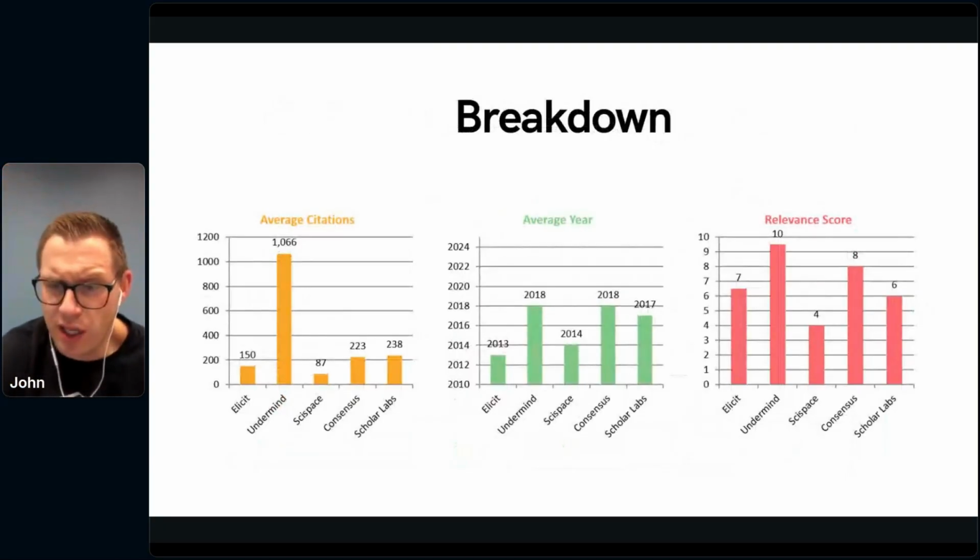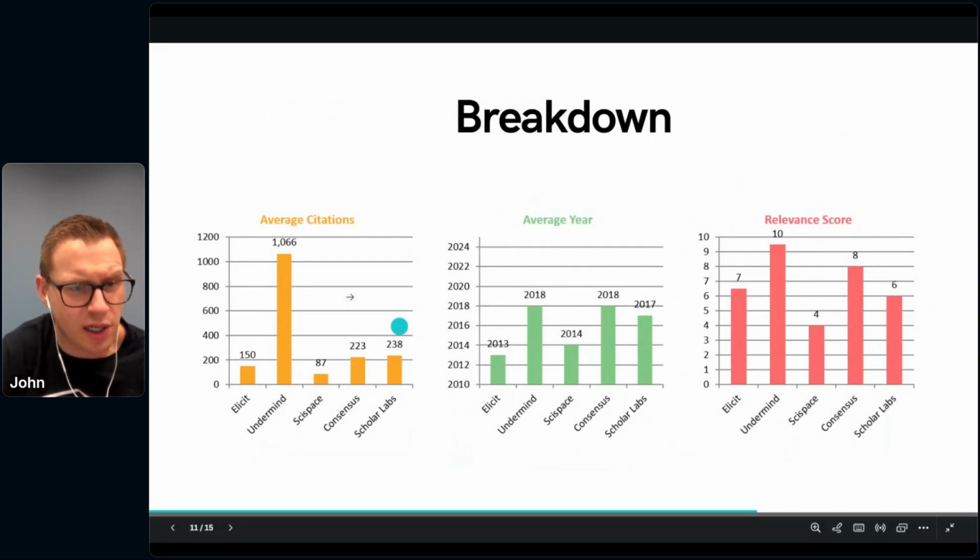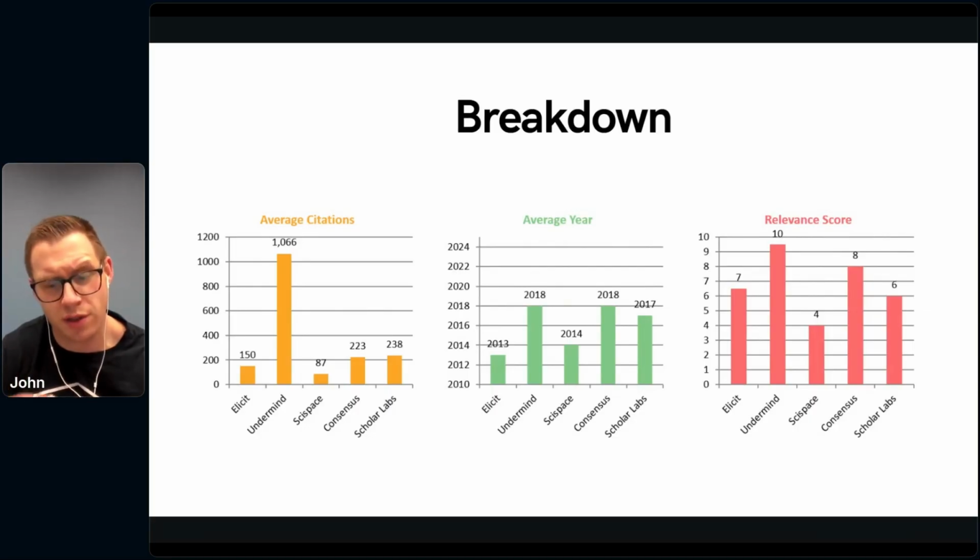These are 3 pretty straightforward charts. Undermine wins, or at least ties for the top spot, on all 3, which are impact, citation count, average year, and relevance score. In particular, I feel like a lot of these models really struggle with weighting impact appropriately, i.e., it's a little bit hard to turn up seminal papers with some of these AI search engines.